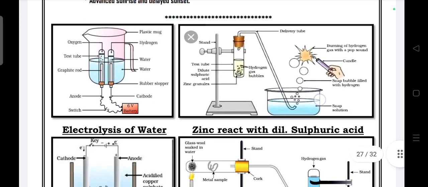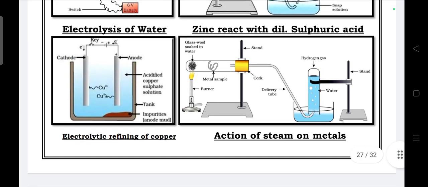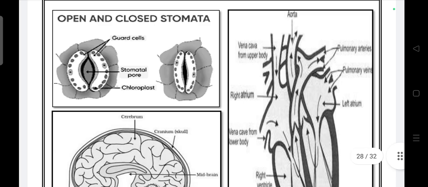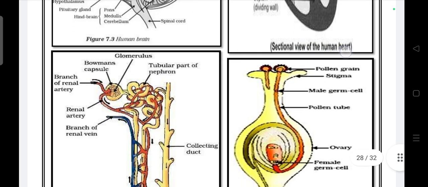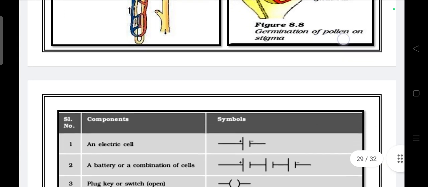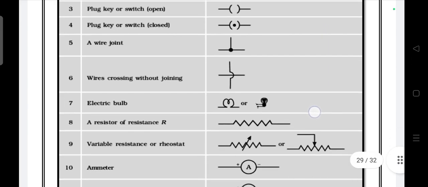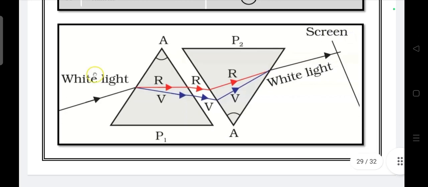Next, important diagrams. Then symbols, important symbols. Important diagrams from physics.